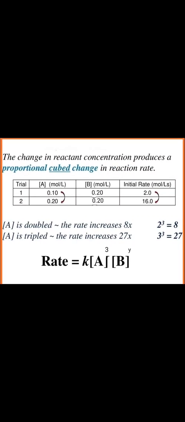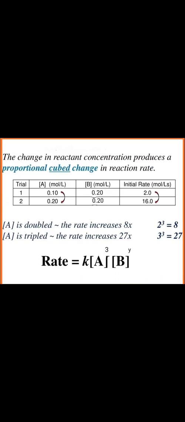Let us see another example. The change in reactant concentration produces a proportional cubed change in the reaction rate. ह्याच्यामध्ये एचं कॉन्सन्ट्रेशन 2 टाइम्सने बदललेलं आहे. B remaining constant, then the rate of reaction increases by 8 times, that is 2 raised to 3 is equal to 8.